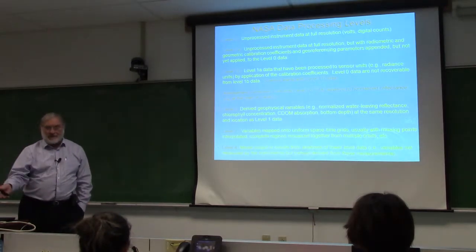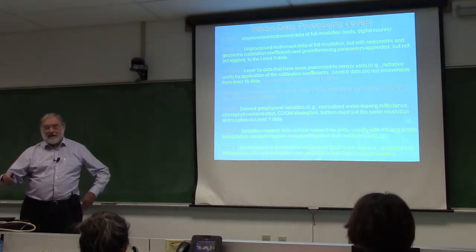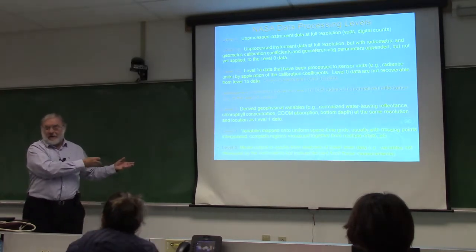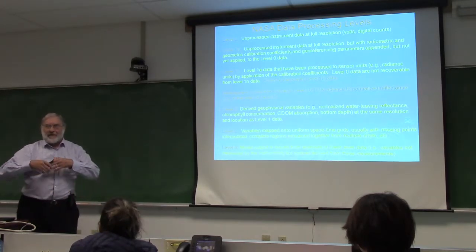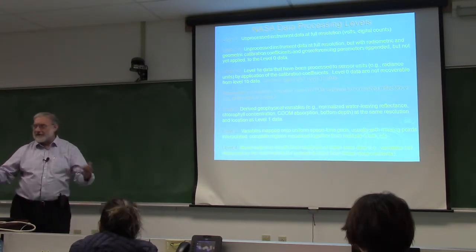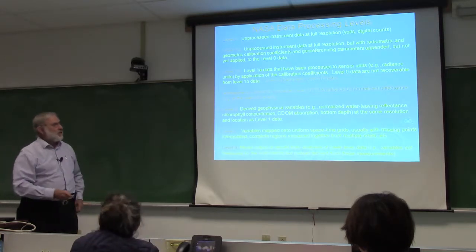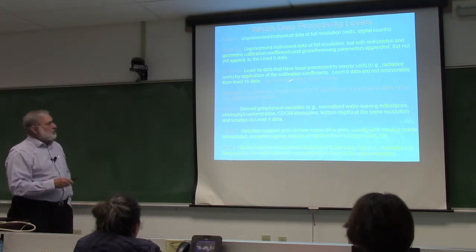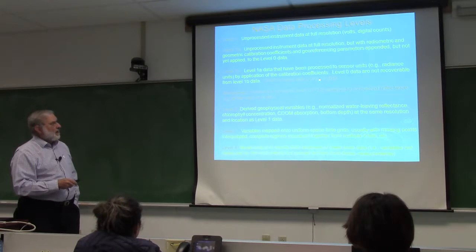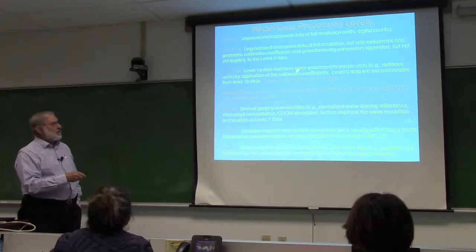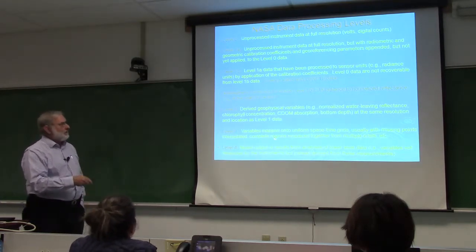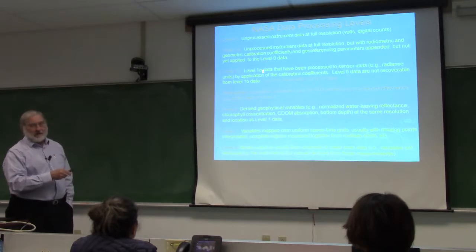You haven't done atmospheric correction or anything yet, but if you want, you can go to NASA, get the level 1B data for the Gulf of Maine, and then do your own atmospheric corrections, apply your own algorithms, whatever you want to do. And once you've got this data, you no longer have these calibration coefficients attached to your imagery, so you can't go backwards, but that's okay.